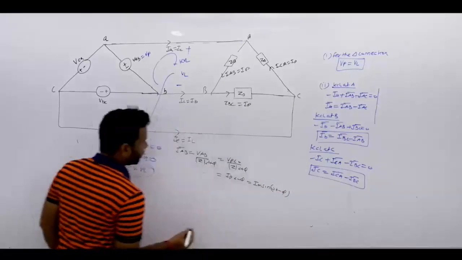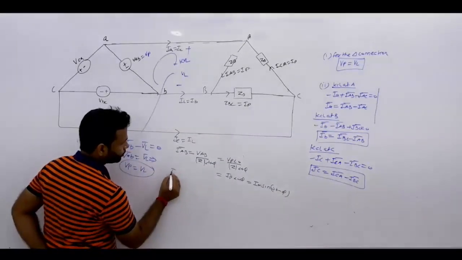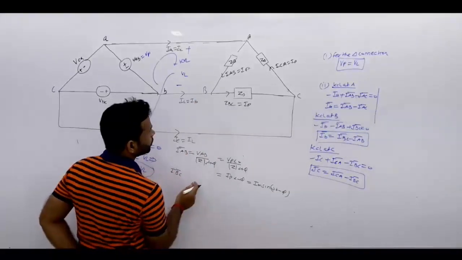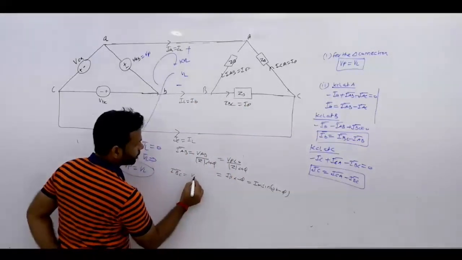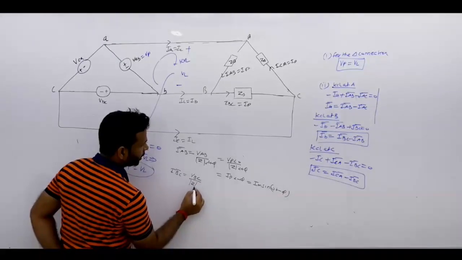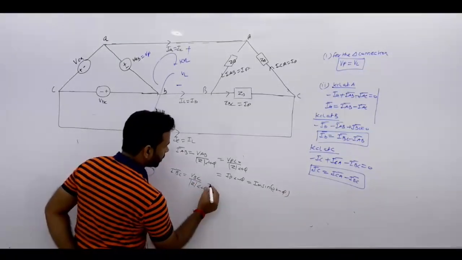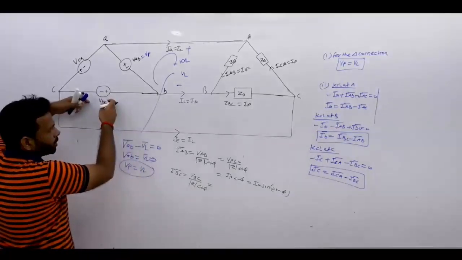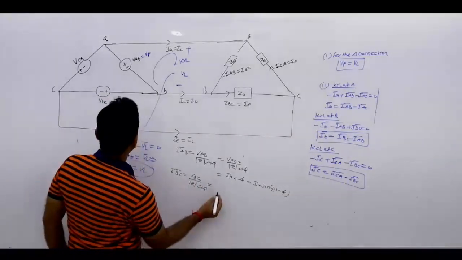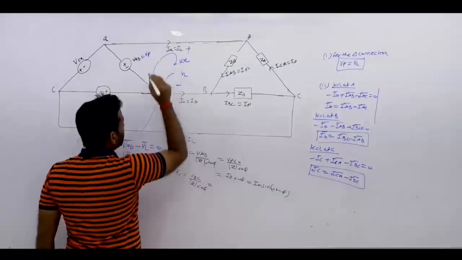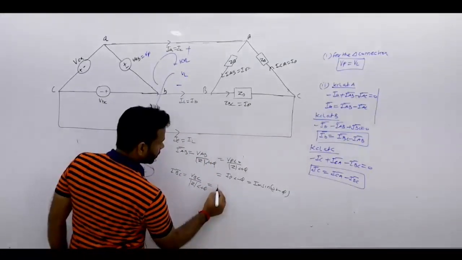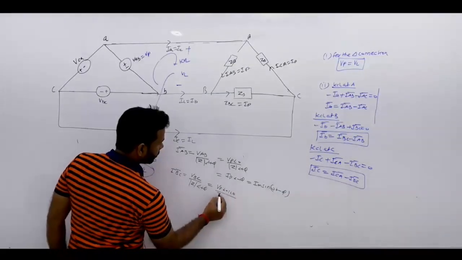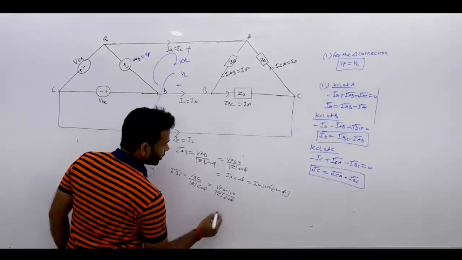Similarly, if you see IBC, where is IBC? This is IBC. So IBC is what? It is VBC upon mod Z angle phi. And VBC is this voltage. So VBC is VP angle minus 120 degree divided by mod Z angle phi. ठीक है यहाँ तक.